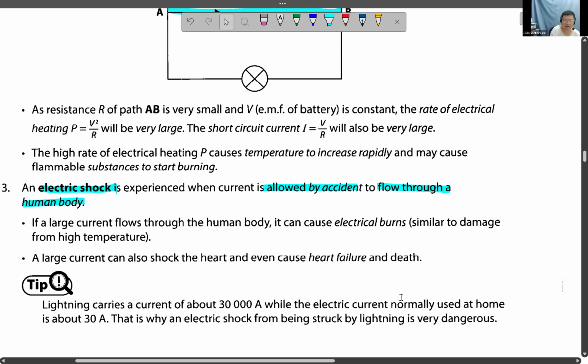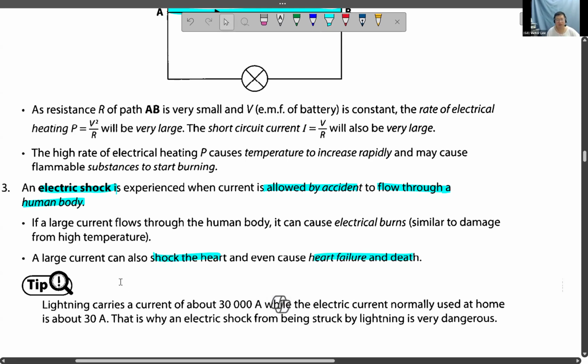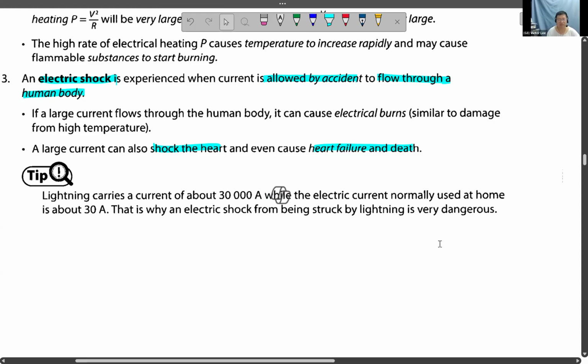Large current can shock the heart and even cause heart failure and death. Current can immobilize a person because the body will lose control. Even a small current like 5 amperes, if you have a wet hand and it passes through your body, you can get electric shock, you can die.